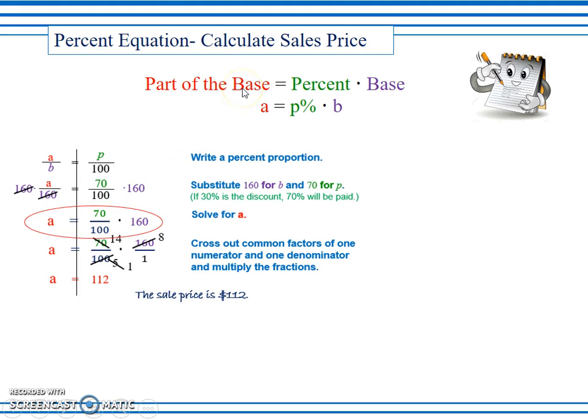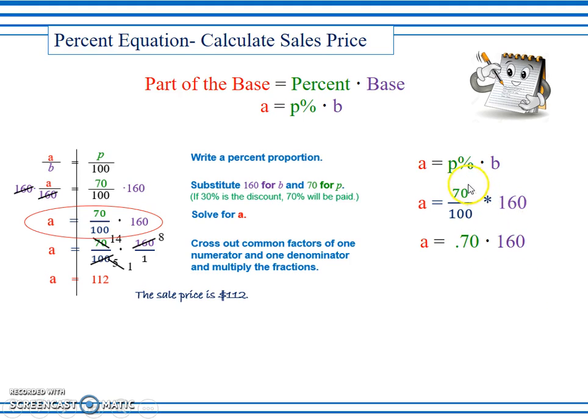The percent equation is a shortcut. So what it's saying is the part of the price is going to be equal to the percent times the base. So let's write our percent equation down and substitute in what we know. We know 70% is the price we're going to pay for the item that costs $160 originally.